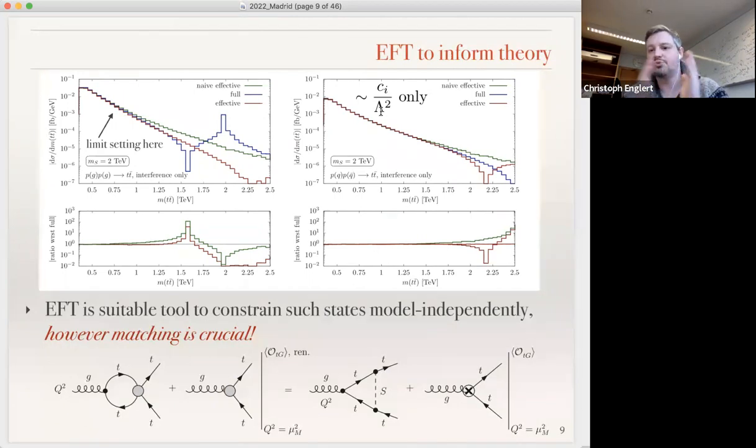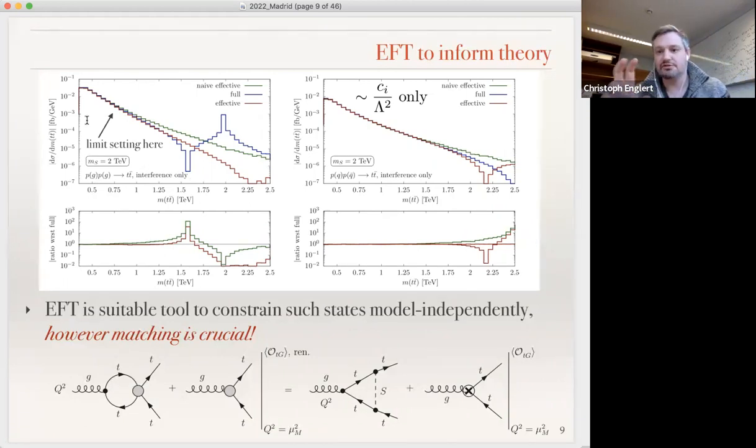You see that over a broad range of energy, the effective field theory very nicely reproduces the full theory until you hit the s-channel resonance, for instance in the gluonic channels here, which then creates, depending on how you model the width of your particle, a dip structure. And then, of course, you go into the s-channel resonance. This is also where you would lose predictivity of EFT, simply because that theory doesn't know anything about that propagating degree of freedom.